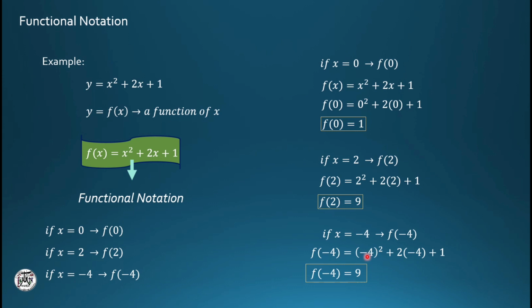Take note that negative times negative is positive, so this is 16. Then 2 times negative 4 is negative 8. So 16 minus 8 is 8. Then positive 8, plus 1. Therefore, f of negative 4 is equal to 9.